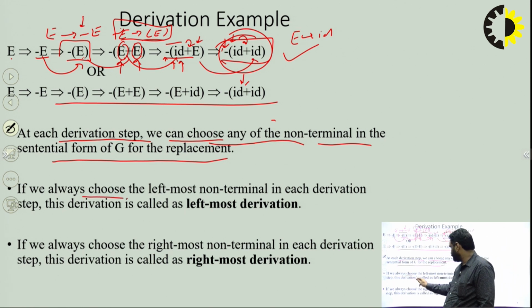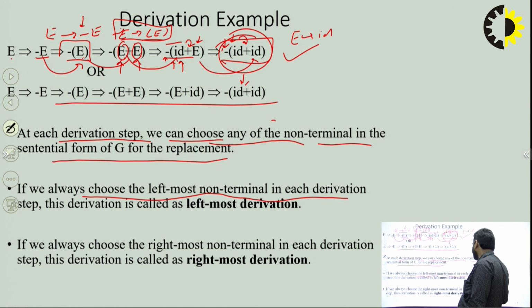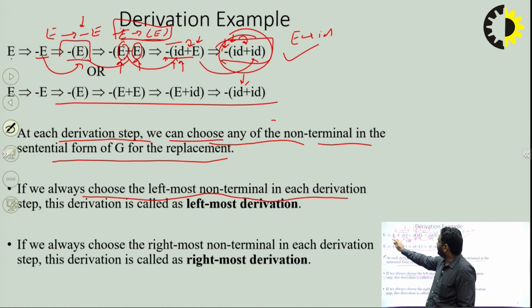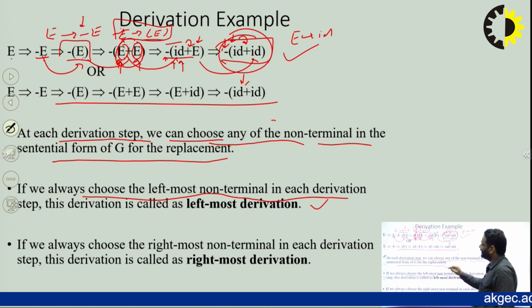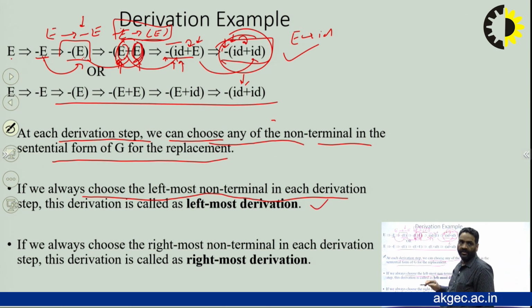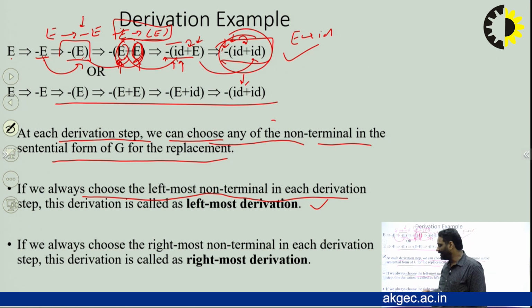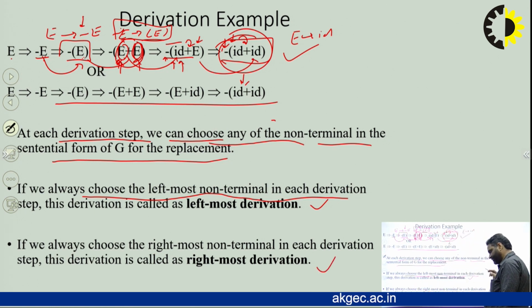If we always choose the leftmost non-terminal in the derivation. Here with only one non-terminal, it is both leftmost and rightmost. The same here, where we have two non-terminals. If we choose the left non-terminal for replacement, then it is known as leftmost derivation. If we choose the right non-terminal for replacement, then it is known as rightmost derivation.